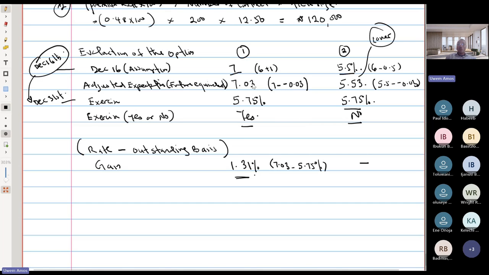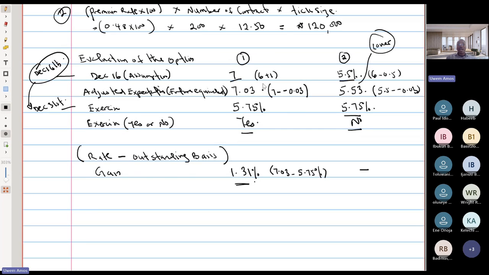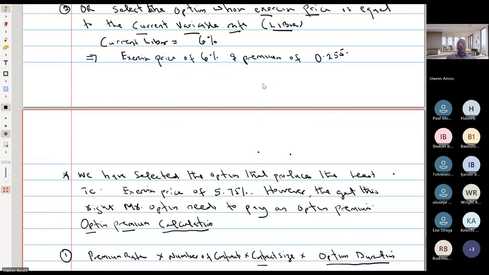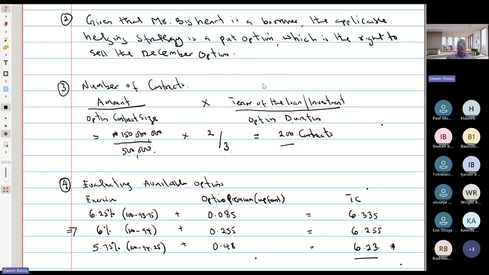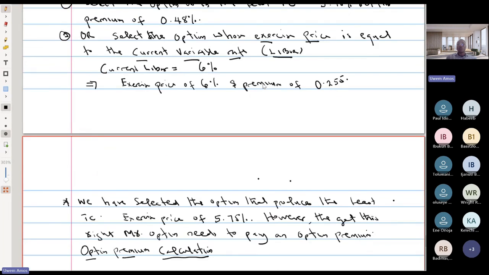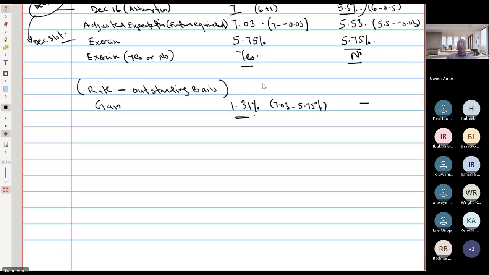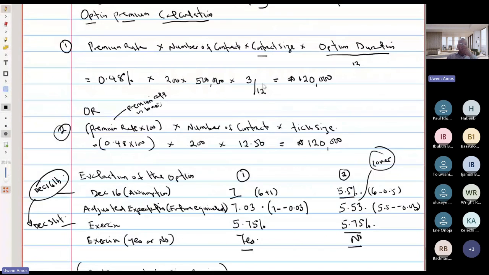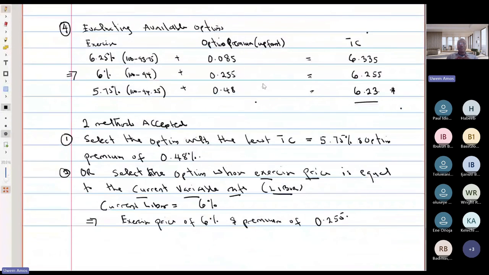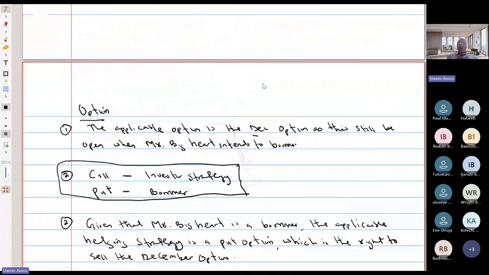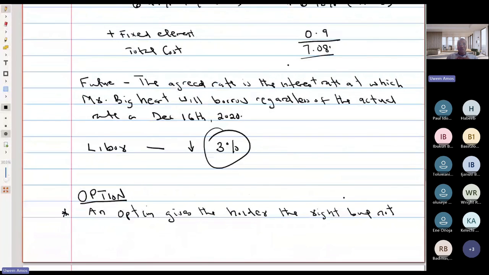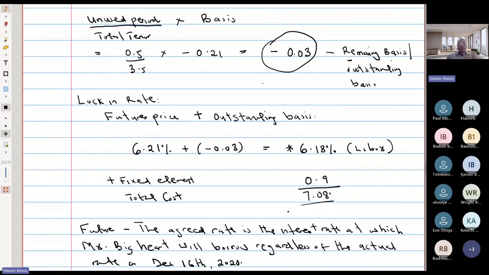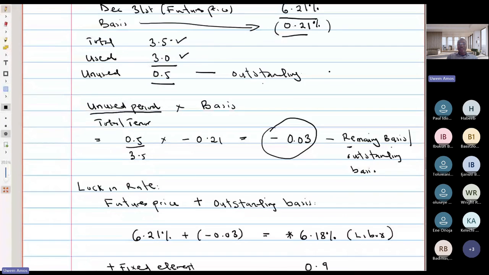All right, so let's quickly evaluate. Let's look at all of the options we've done. We've looked at the FRA, we've looked at futures, and then we've looked at options as well. So we can explain to Mr. Bighart the financial implication of all of them. If Mr. Bighart had bought an FRA, which is the first one we solved, what is the LIBOR interest rate of an FRA?